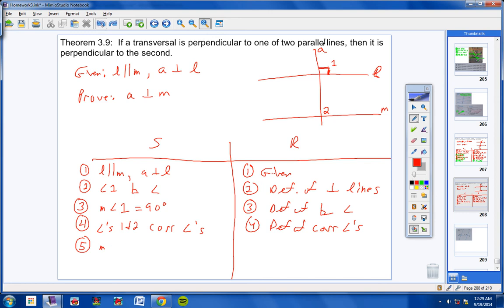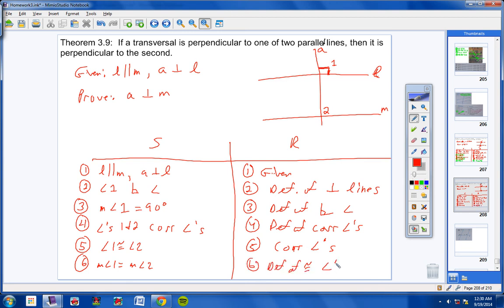So I can state angle 1 is congruent to angle 2, and the reason would be these are corresponding angles. And if they're congruent, then I can definitely state that they're equal. I really hate to take time to do that, but it's the right thing to do. So the measure of angle 1 equals the measure of angle 2, and that's the definition of congruent angles.